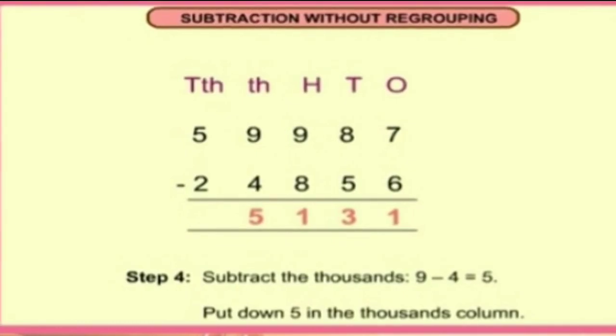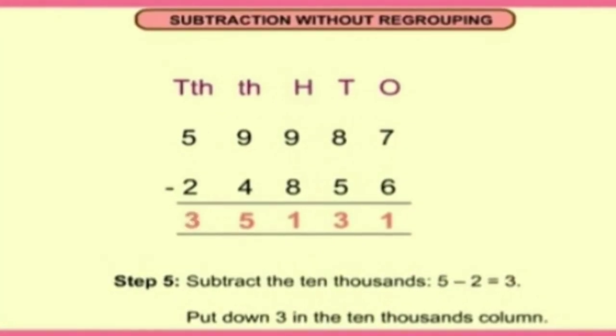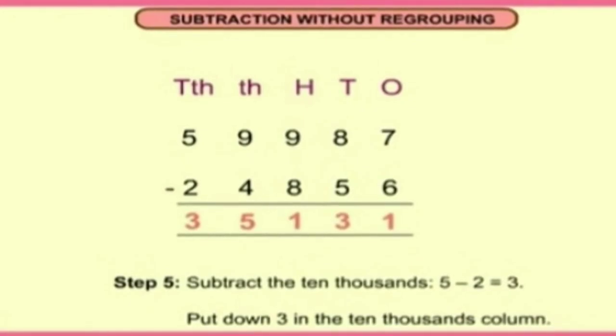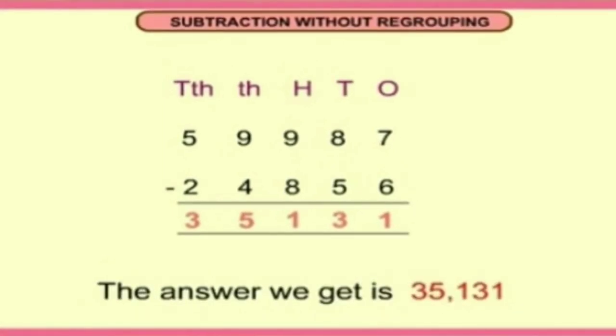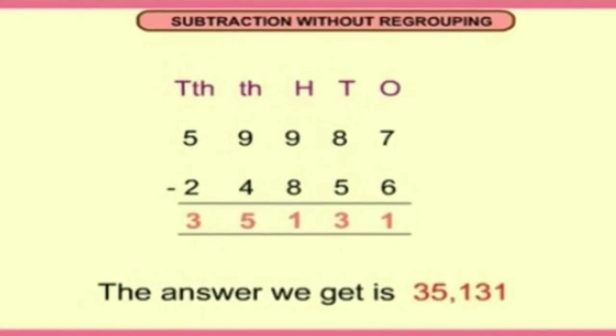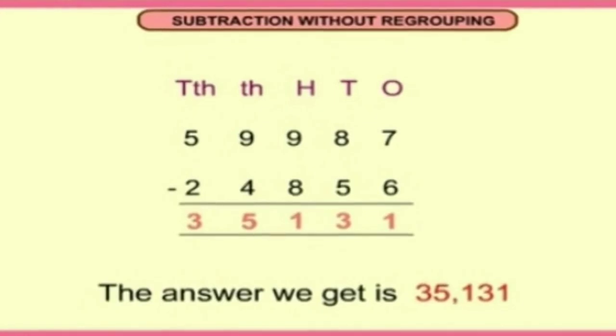And at last, step number 5 is that you have to subtract the ten-thousands digit, that is 5 minus 2 is equal to 3. So put down 3 in the ten-thousands column. So after subtracting 24,856 from 59,987, you get the answer as 35,131.